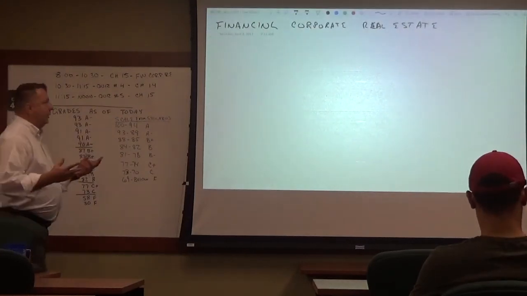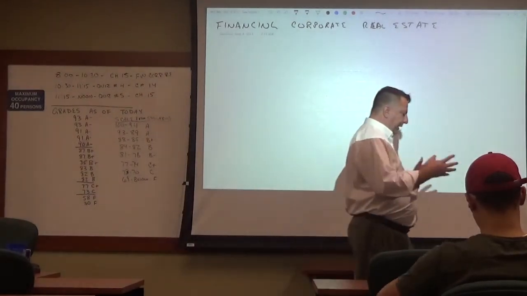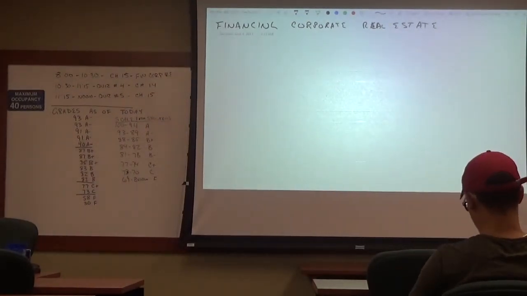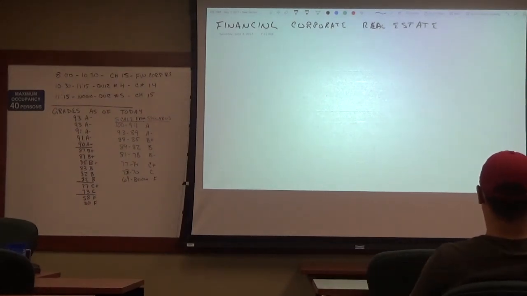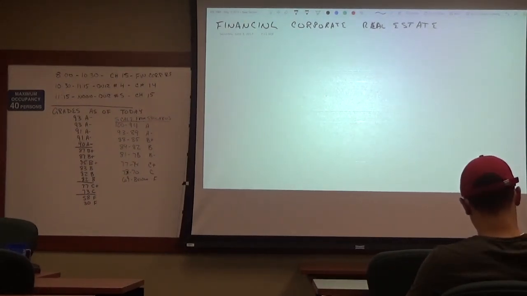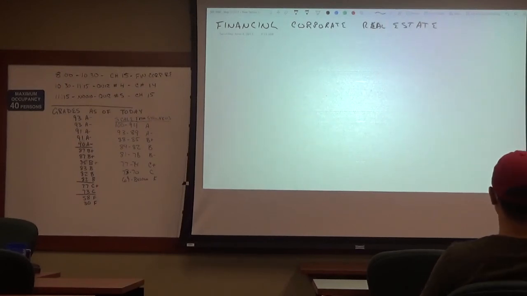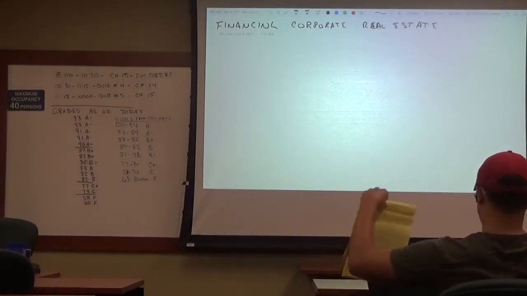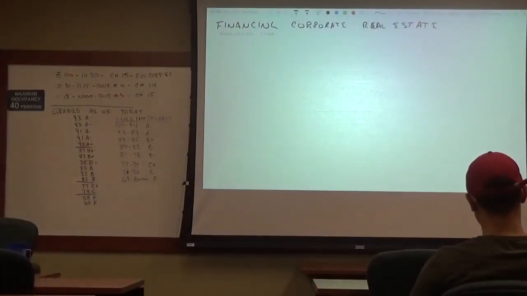Financing corporate real estate. This whole chapter is looking at things a little bit differently than what we have been thinking about up to this point. In this case, we're looking at the issues related to being a corporate entity and the benefits and detriments of being a corporate entity in terms of the ownership or leasing of real estate.